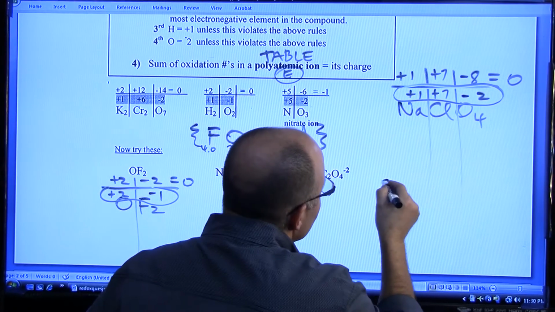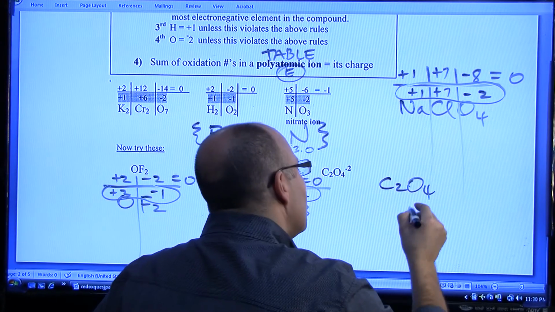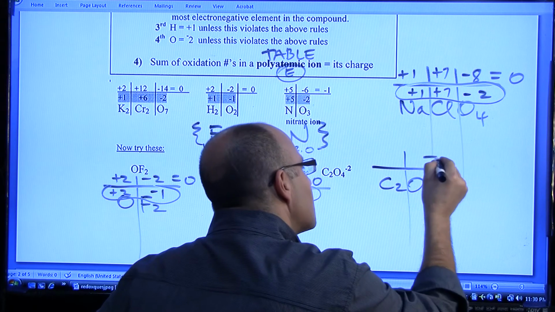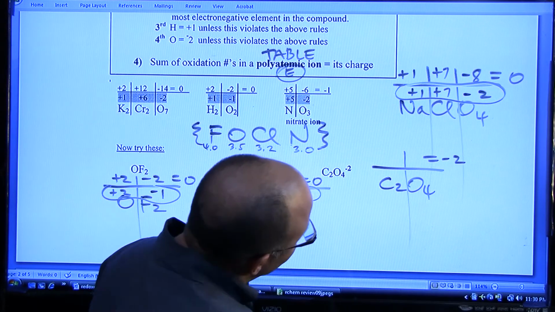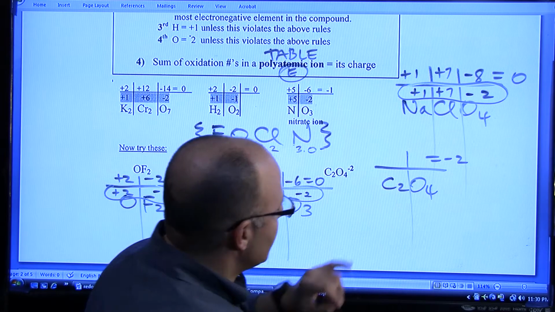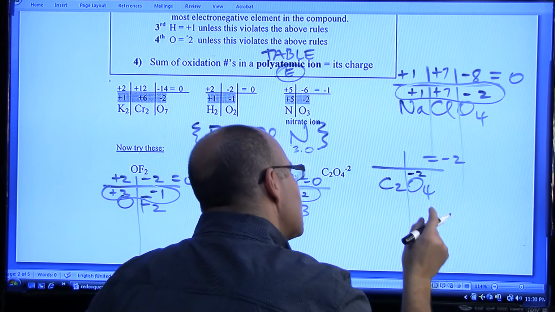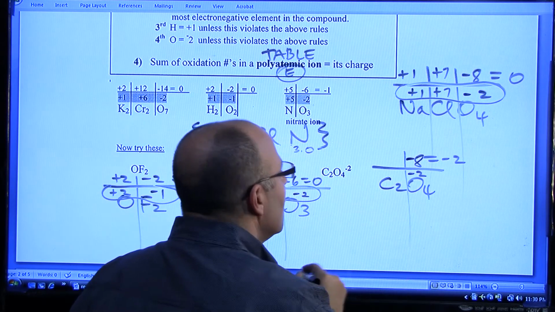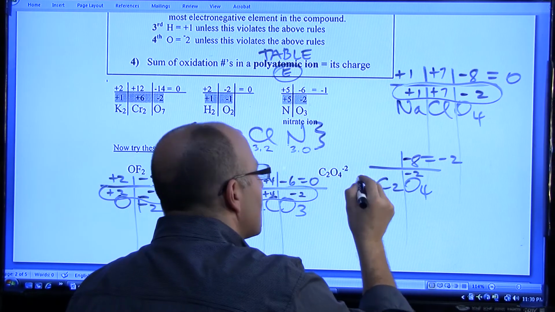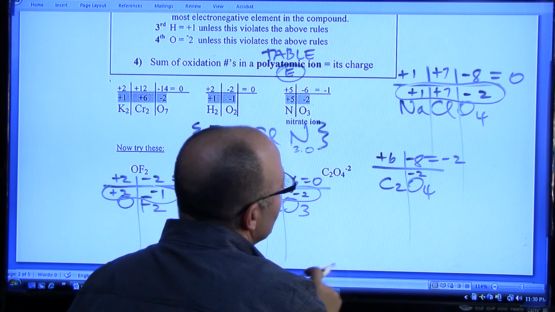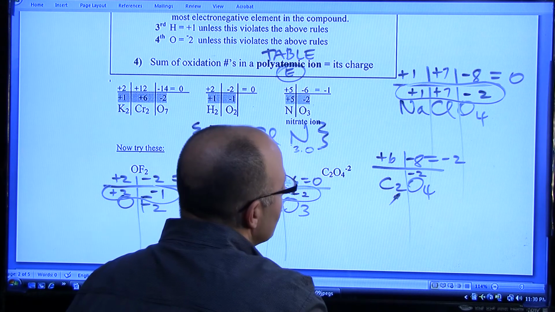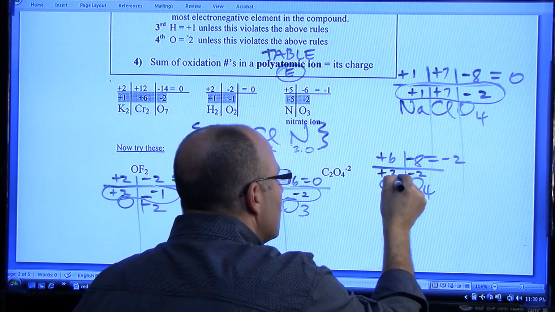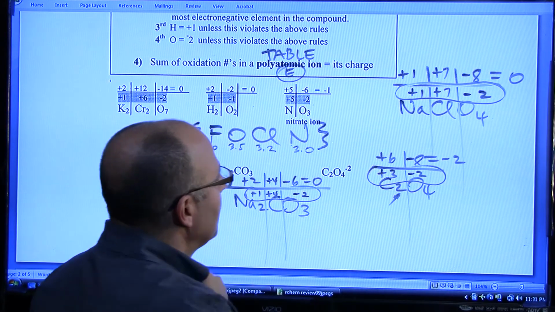So when you split up the C2O4, you set the total equal to -2. Now again, oxygen's first with a -2 oxidation state. 4 times -2 is -8. If we get a -2 total, then this has to be a +6, but there's 2 carbons, so that means the oxidation state of each carbon is +3.